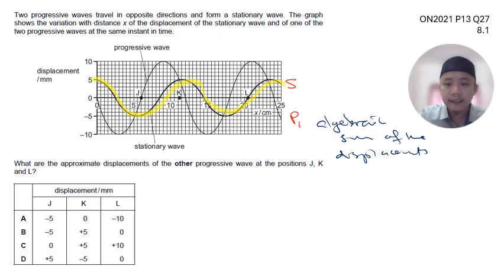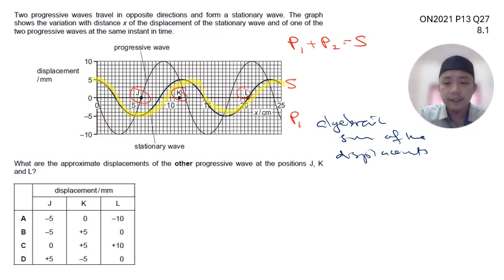The stationary wave is formed when P1 meets P2 at a particular point. So in this question, we are required to find the approximate values of P2 at points J, K, and L.